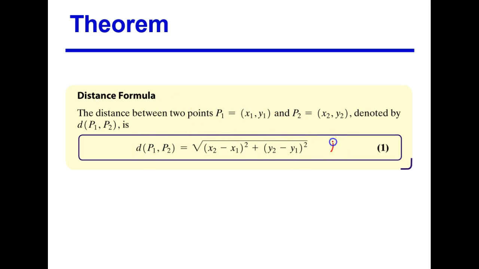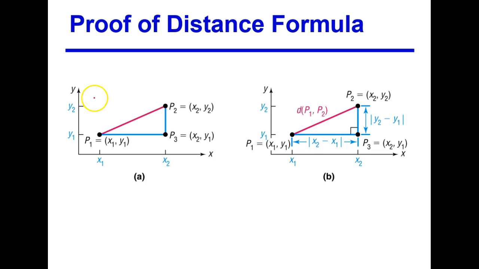So I take x2 minus x1, the distance between the x's, and I square it, plus the distance between the y points, squared, and then I add those together and take the square root of the whole thing. This is the actual distance formula that we're going to be using.